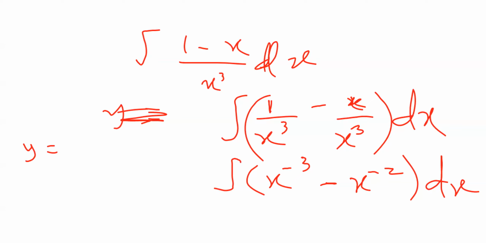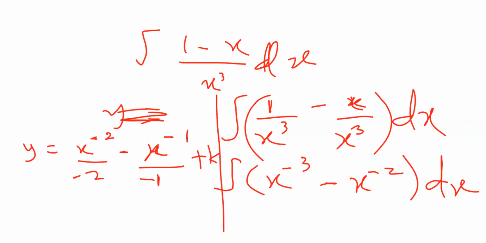Increase this by 1, it will become x raised to minus 2 divided by minus 2. Then increase minus 2 by 1, it will be minus 1, all over minus 1, plus k. Is it clear?